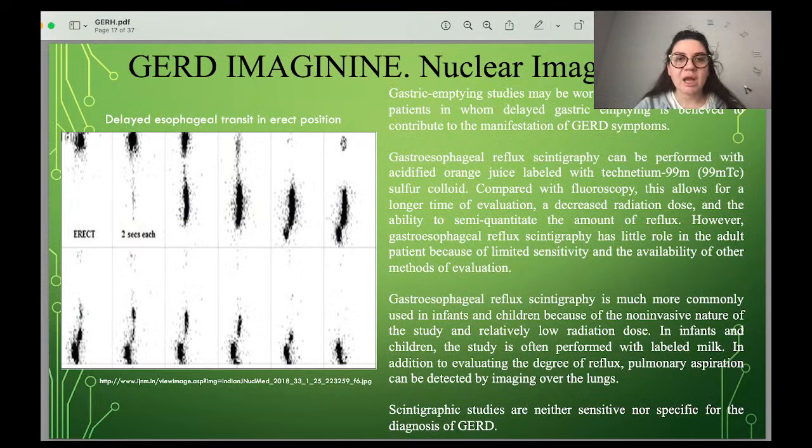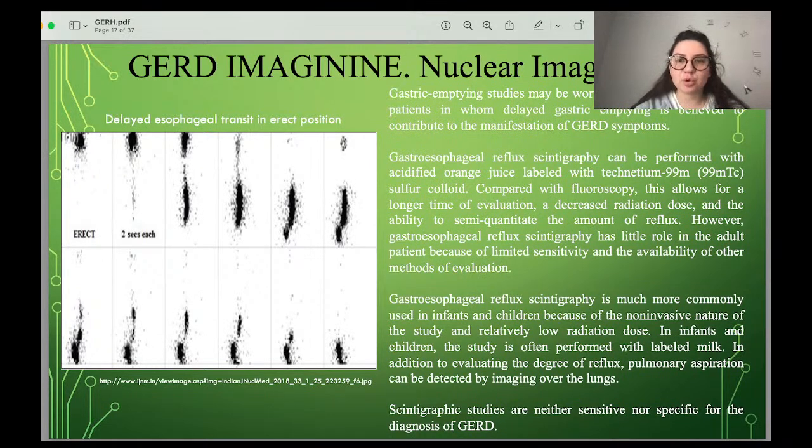Nuclear imaging. Gastric emptying studies may be performed in patients with delayed gastric emptying that is believed to contribute to the manifestation of gastroesophageal reflux disease symptoms. Gastroesophageal reflux scintigraphy, or nuclear imaging, can be performed with acidified orange juice labeled with technetium 99 sulfur colloid.